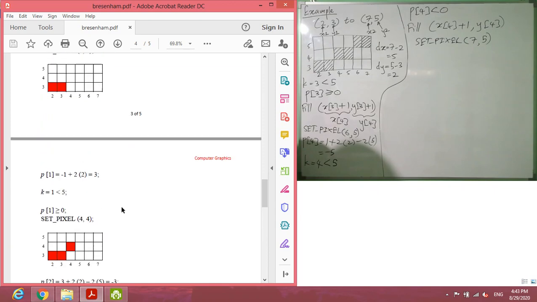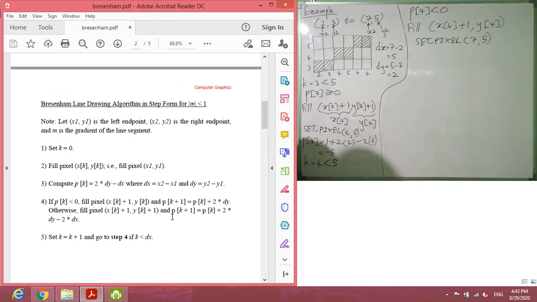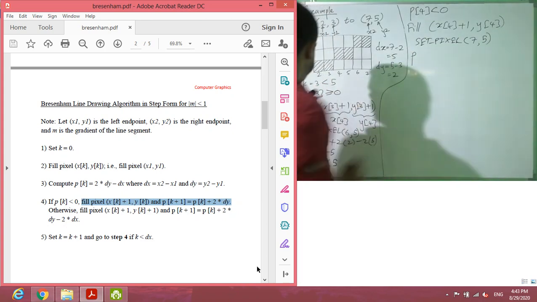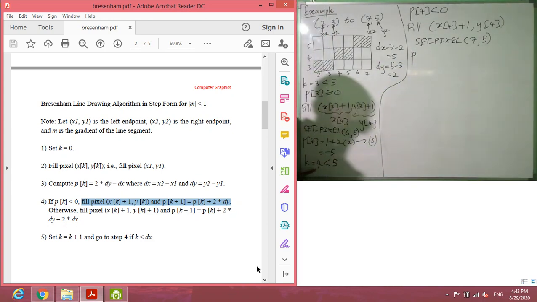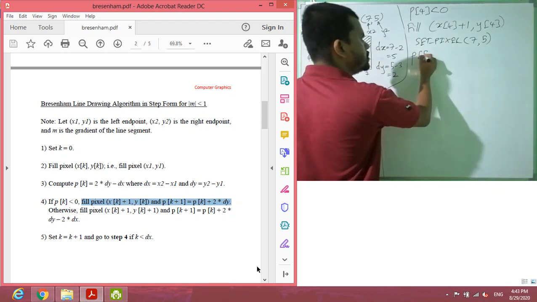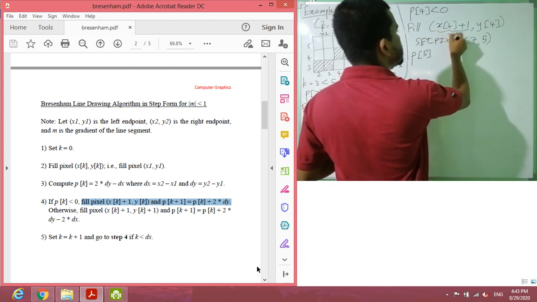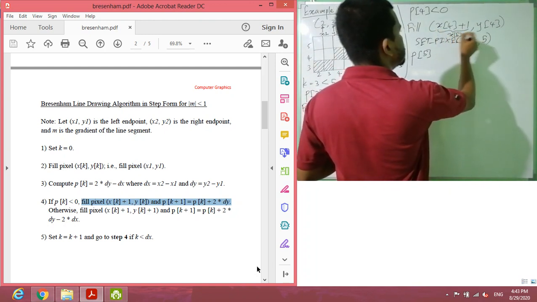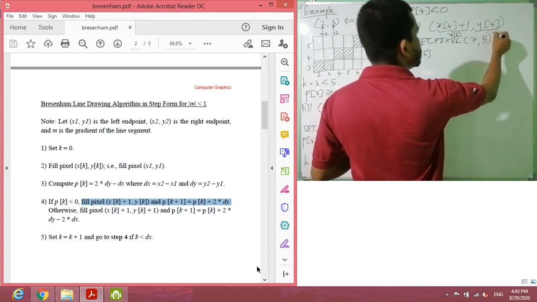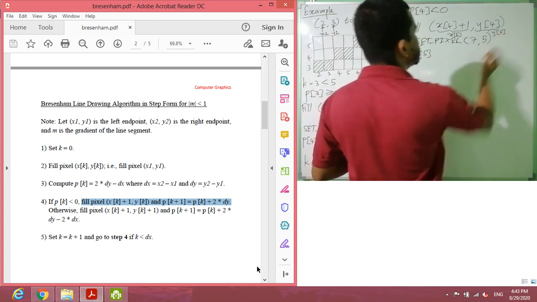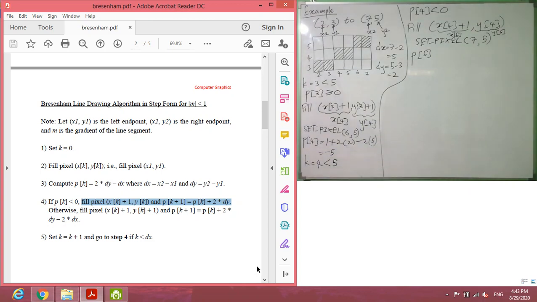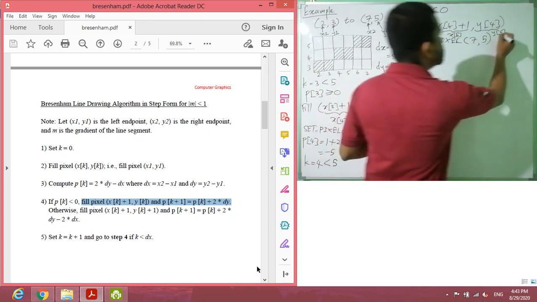After that, here we have to compute pk plus 1 as well. Now our k value is 4. Now k5 value are here. Then the other thing is, this is our x5 and this is our y5. Okay, x5 and y5.